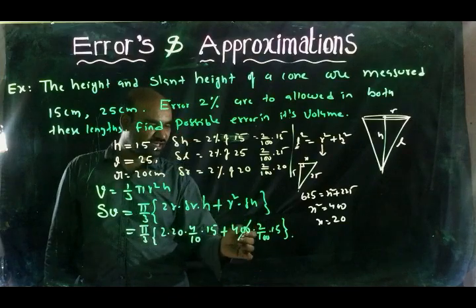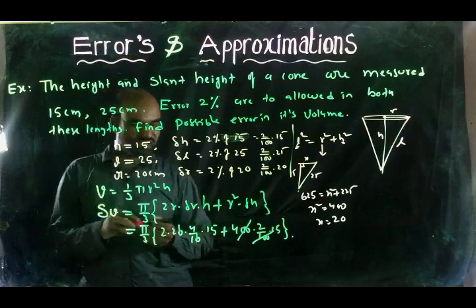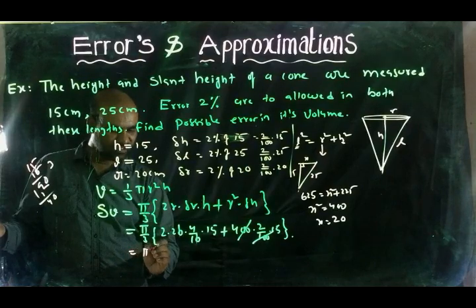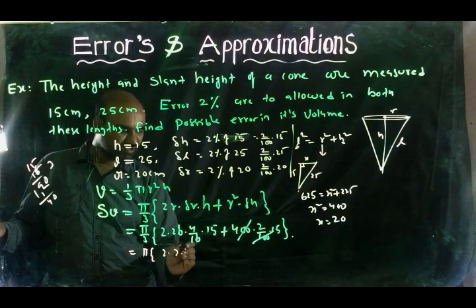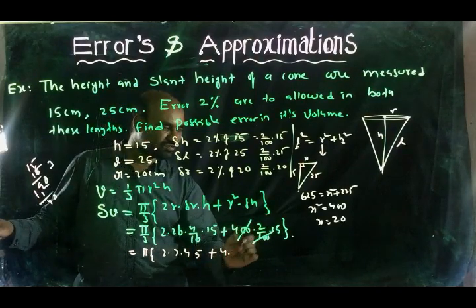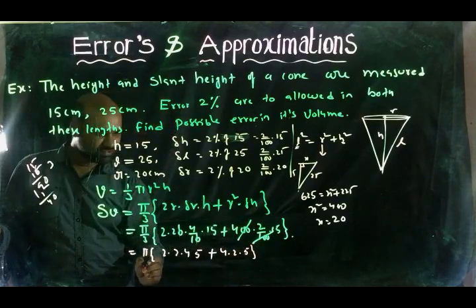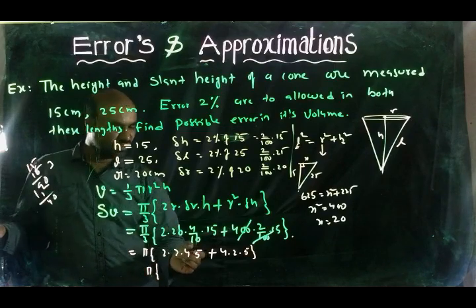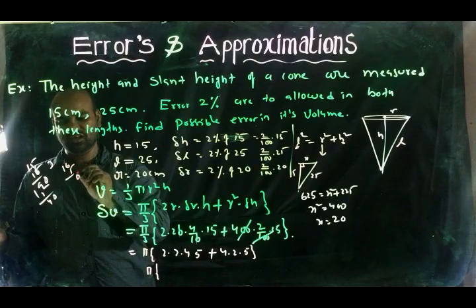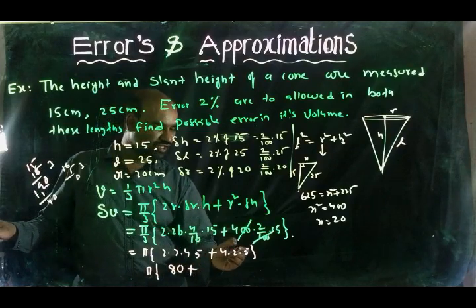So we need to simplify this. 100 gets cancelled, 0 gets cancelled here. Okay. Next we can cancel 3 also. So 5 into 2 into 2 into 4 into 3 5s are plus here 4 into 2 into 3 5s are. Simplification. This is pi into 2 to the 4 for 16 5s are 80, plus 4 twos are 8, 8 into 5 is 40.